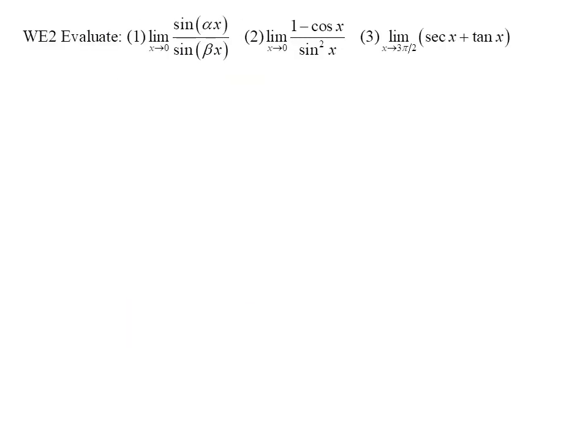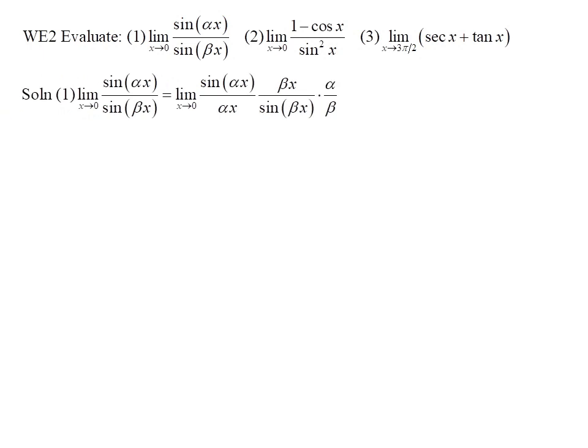Here, example 2 is to evaluate 3 trigonometric limits. As for the first one, the limit of sine alpha x over sine beta x as x approaches 0 is written to the limit of sine alpha x over alpha x times beta x over sine beta x times alpha over beta as x approaches 0.